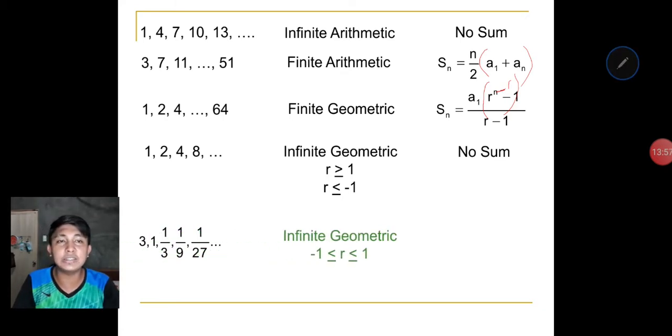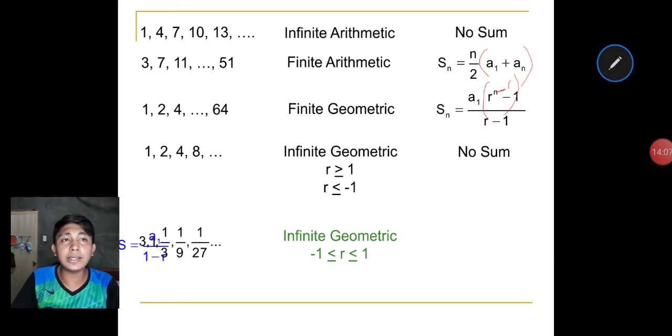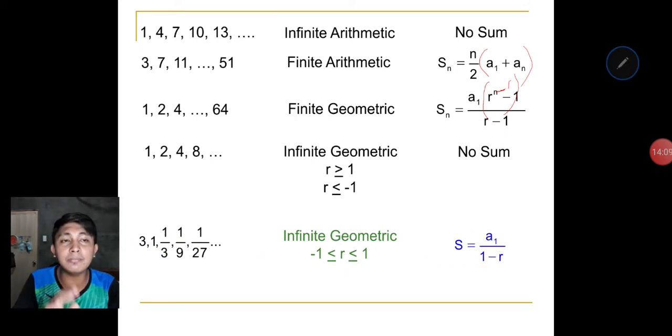So that is an infinite geometric where r is less than 1. Okay? 1/3 kasi. Pero ang makuha natin, may sum ang infinite geometric kapag ang r mo ay in between negative 1 to positive 1. Ay in between or from negative 1 to positive 1. Okay?